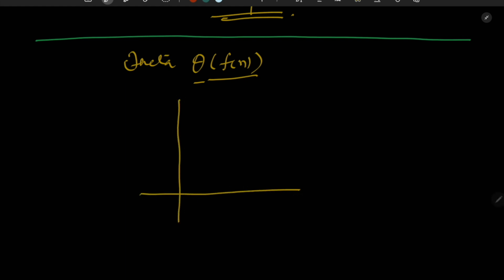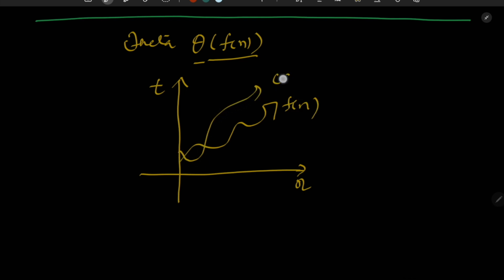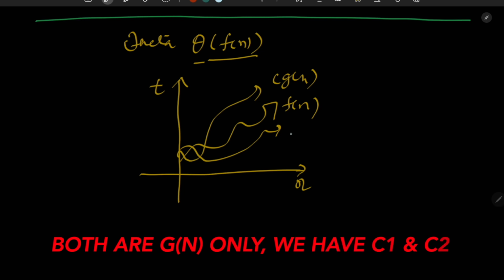let's complete it quickly. So assume that again we have a graph wherein this axis is the time taken and this is the input size, which is n. Let's assume that we have a function f(n) and then we have another function that is c of g(n) and another function which is, let's say, c of h(n).